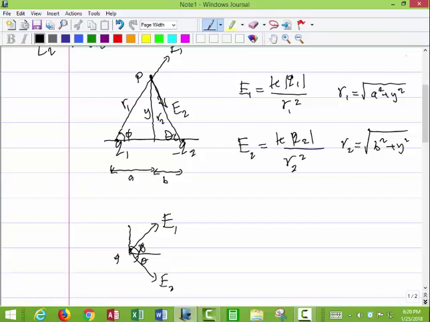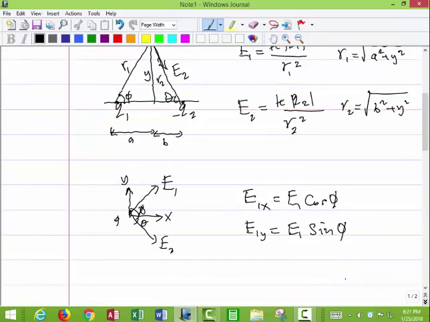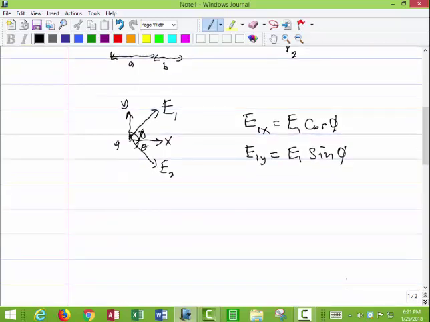So we can think of this as a y axis, and this is the x axis. Okay, so we can say E1x is equal to E1 cosine phi, and E1y is equal to E1 sine phi. So just taking the components along the x and the y axis.